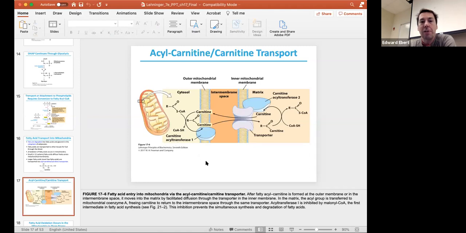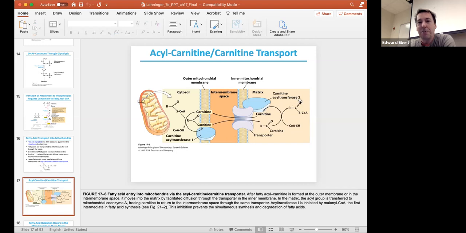We have the carnitine acyltransferase 1, and then we have our carnitine transporter on the inner mitochondrial membrane. So basically, we attach our fatty acid to the carnitine. It goes through the transferase and then through the transporter to get into the mitochondrial matrix.